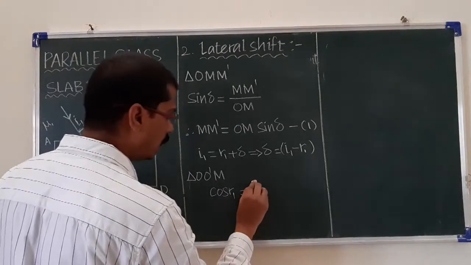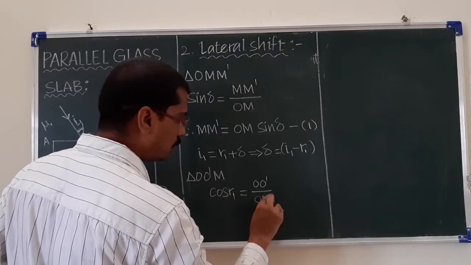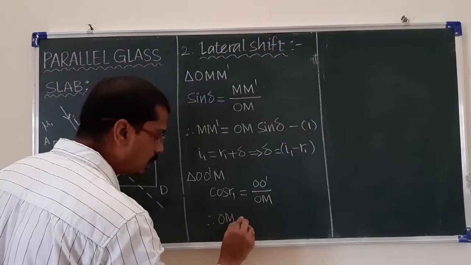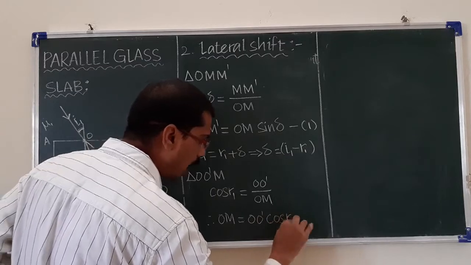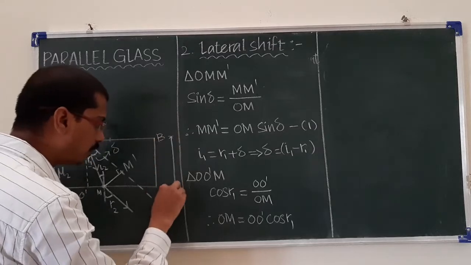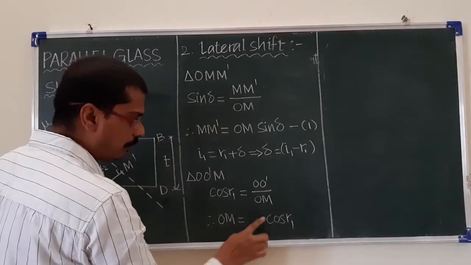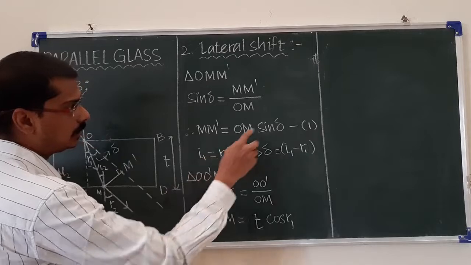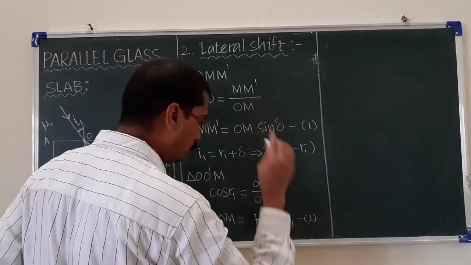The adjacent value we can write O dash upon O M. Therefore, O M is equal to O dash upon cos R1. Here O dash is nothing but the thickness of the glass plate. This is small t. OM value also we got here. Now this OM value, say equation number 2.